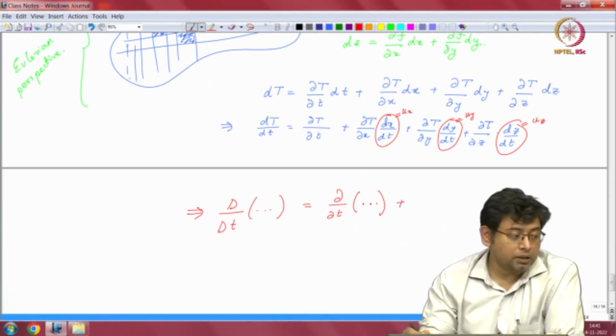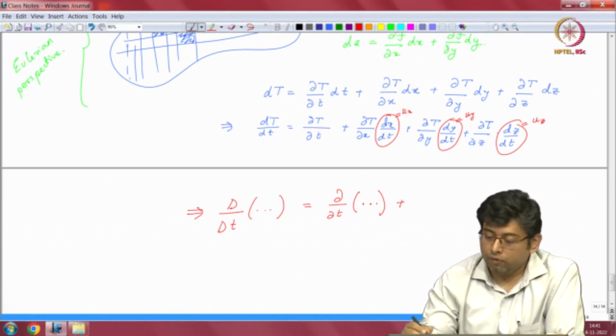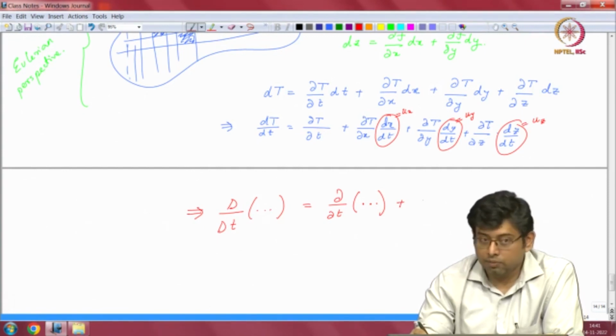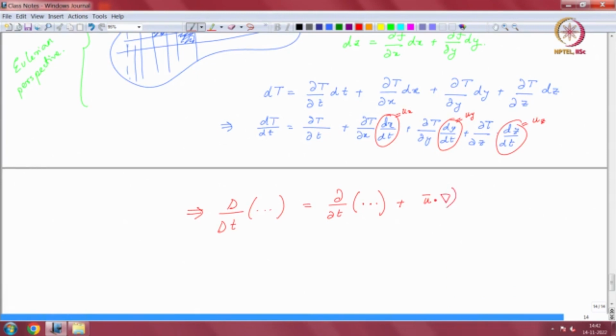And then you have a spatial component, which, if you allow me to simplify, I can write in vector form as this. So here u again is the velocity. This is now the velocity vector. I have written it down in the component form, and just to make my life easier, I have also written it down in the vector notation.